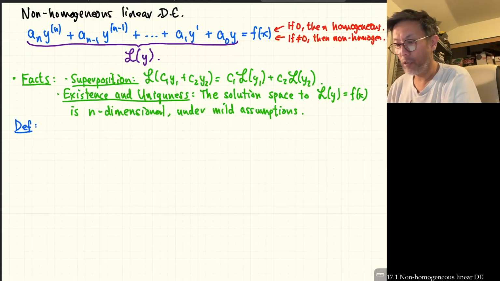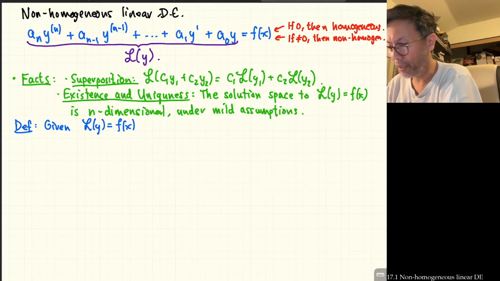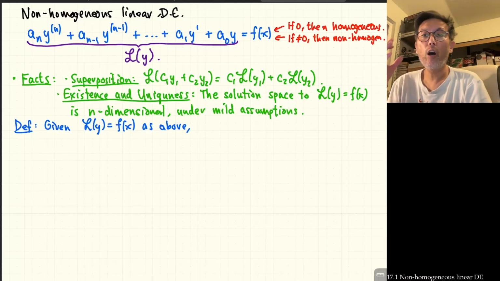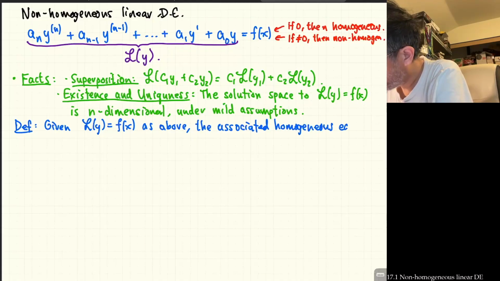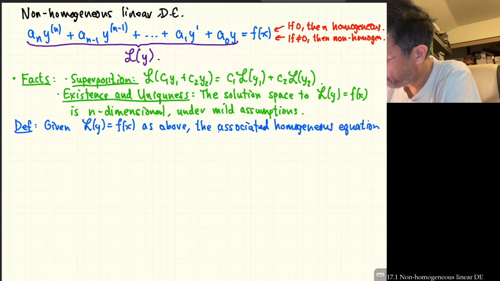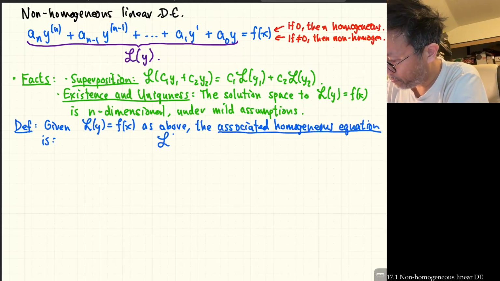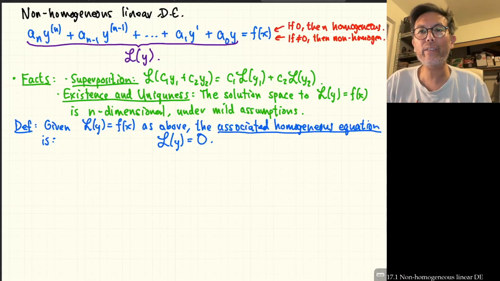Given this non-homogeneous equation, L of y equals f of x, as above, we're going to call the associated homogeneous equation simply L of y equals 0. So it's just where you zero out the f of x altogether.